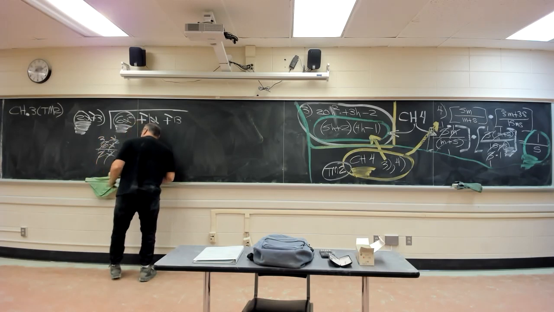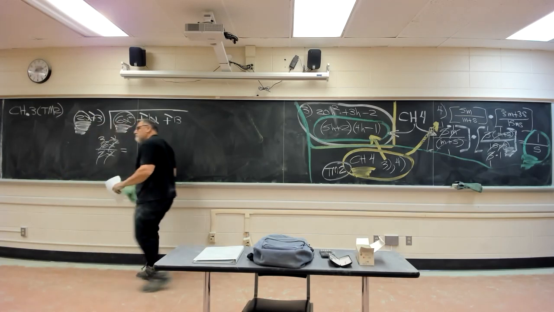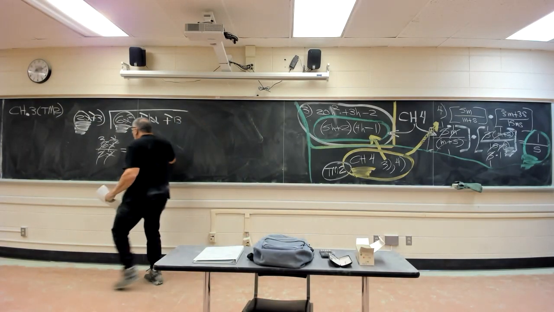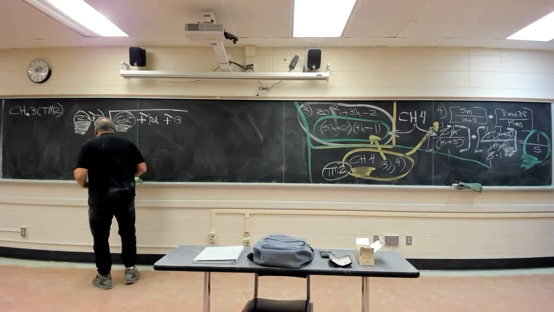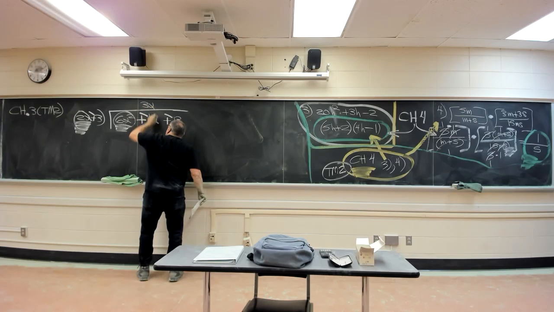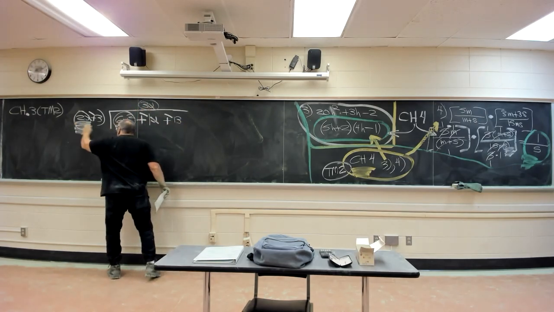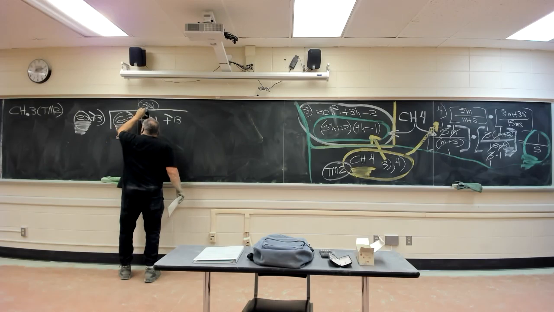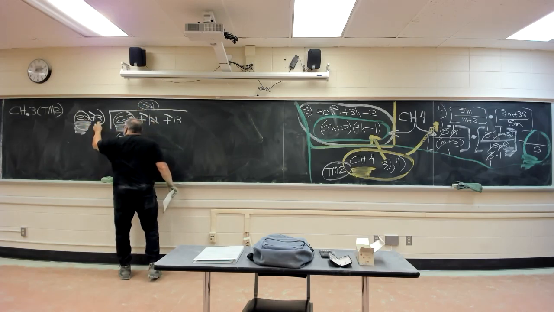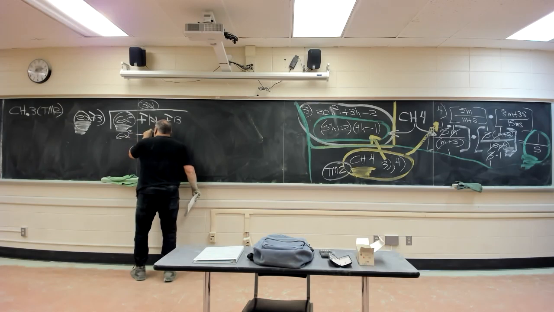So you're going to get 3x. Then you take 3x and multiply all of this. You end up getting 3x times 2x is 6x squared, 3x times negative 3 is negative 9.